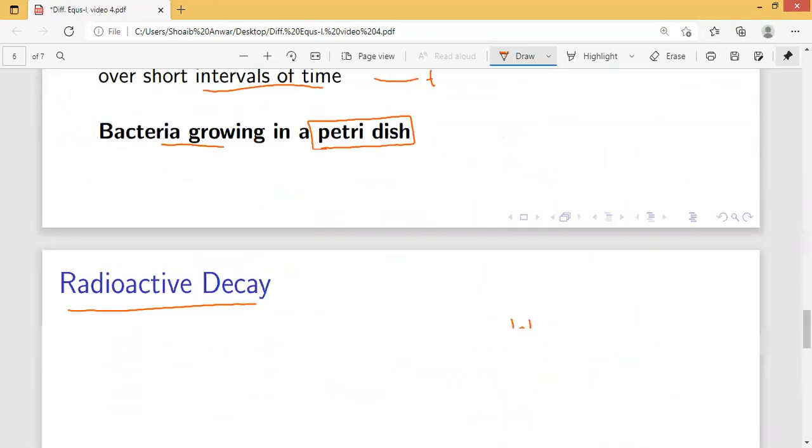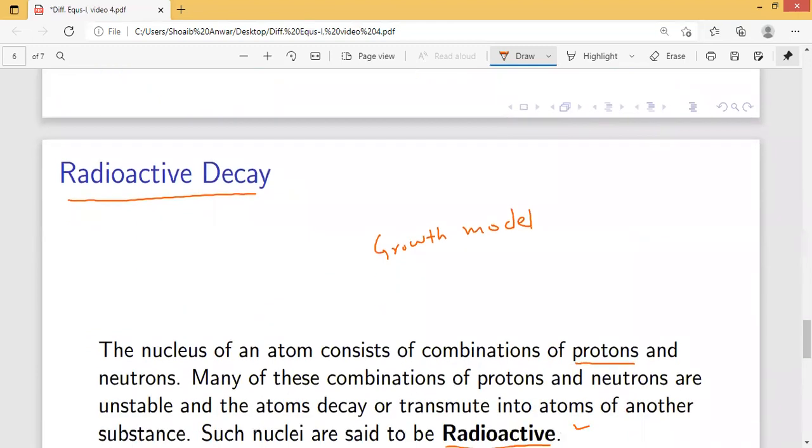Moreover, in our radioactive decay model, dA by dt is equal to kA, as k is less than 0, so the plot of A of t versus t will be an exponential decay, like that.